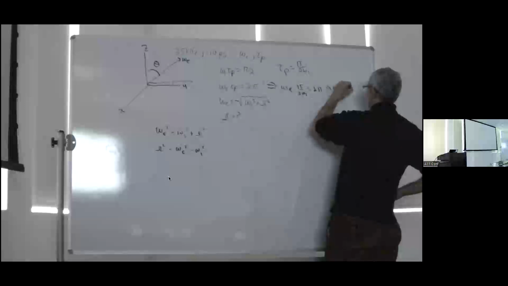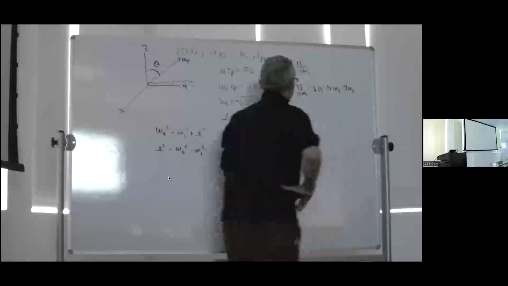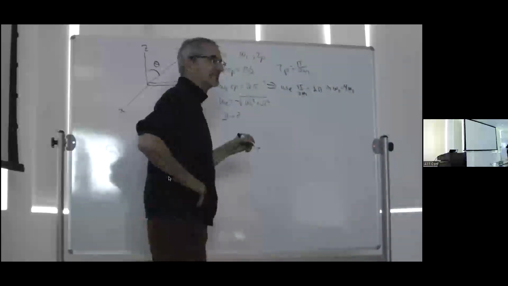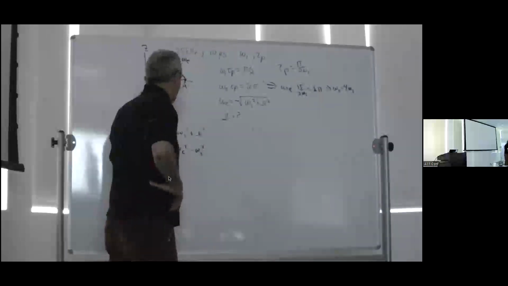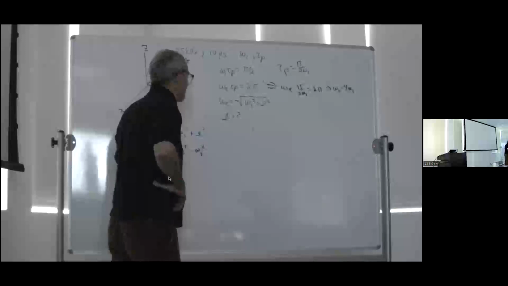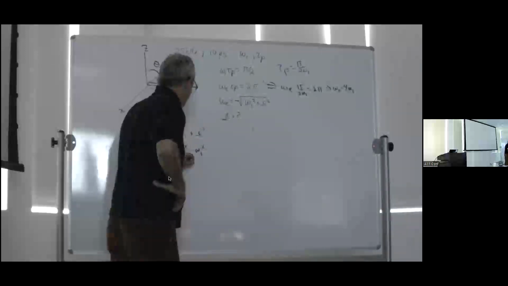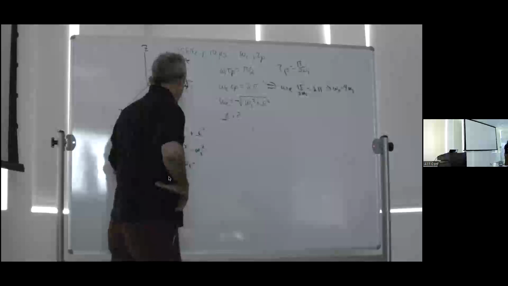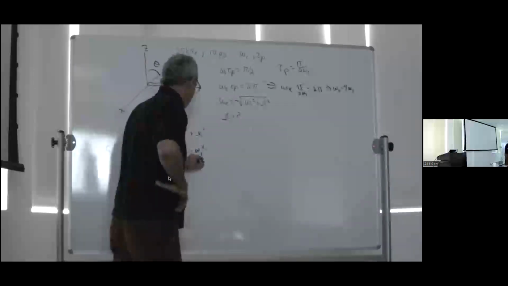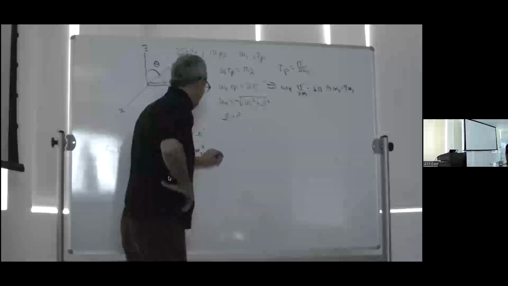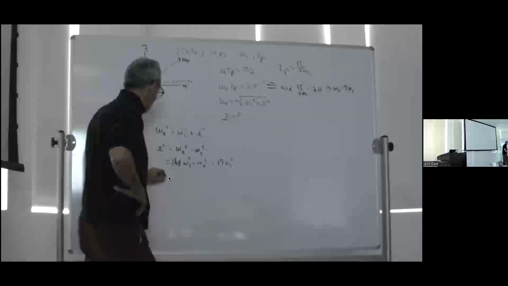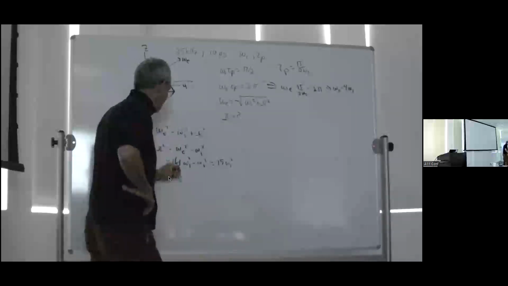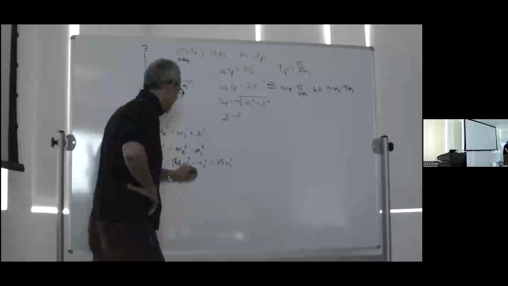Is that what everyone just said? So 4 omega 1, 16 omega 1 squared minus omega 1 squared is 15 omega 1 squared, or omega equals the square root of 15 times omega 1.